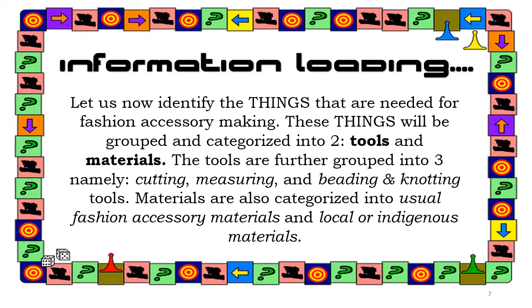While materials are also categorized into usual fashion accessory materials, or the global ones, which you can access anywhere, and local or indigenous materials, which are only available or native to a particular place.